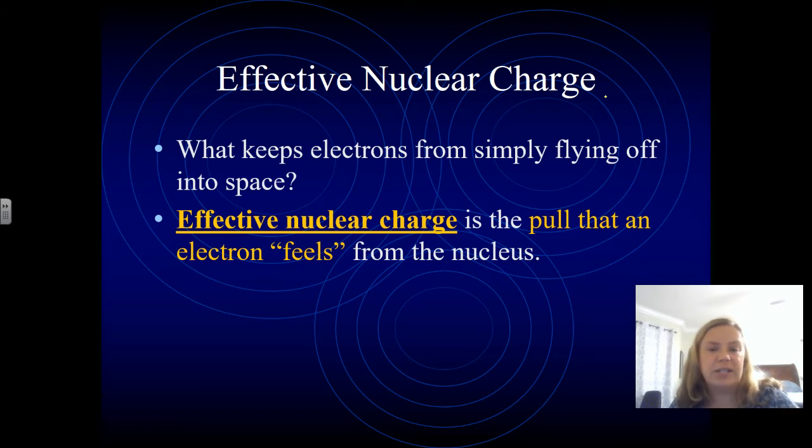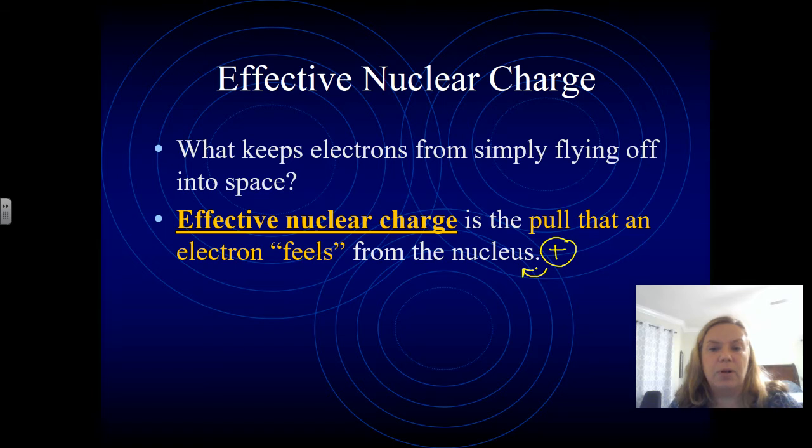And this is where I always have a lot of students ask me this question. Okay, MSD, those electrons are moving so fast. What keeps them in place? Well, what keeps them in place is this pull that the electron feels from the positive nucleus. Remember, the nucleus is positive here.